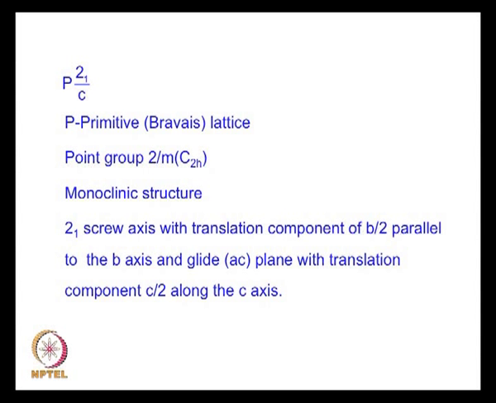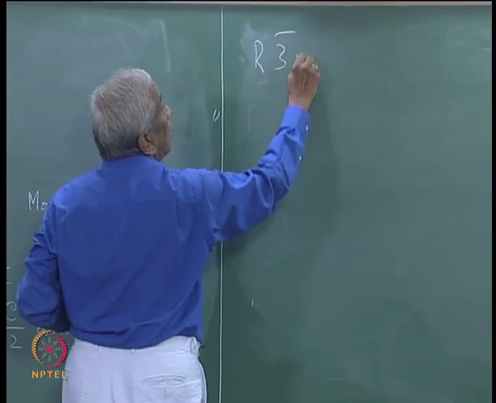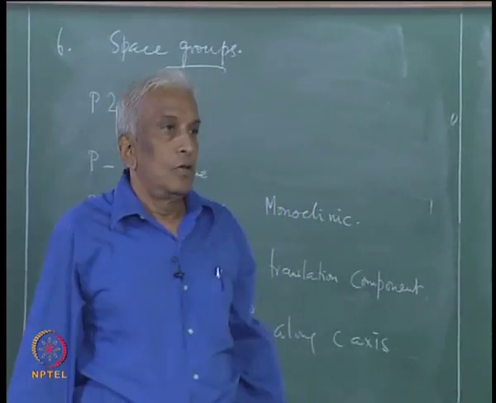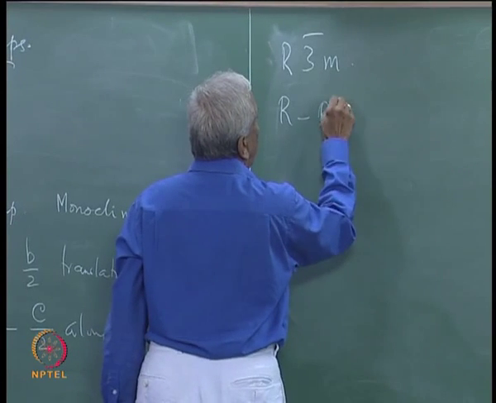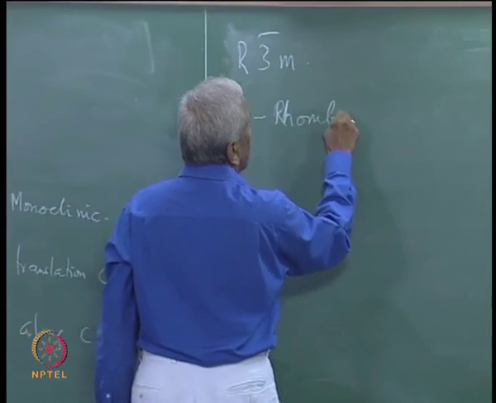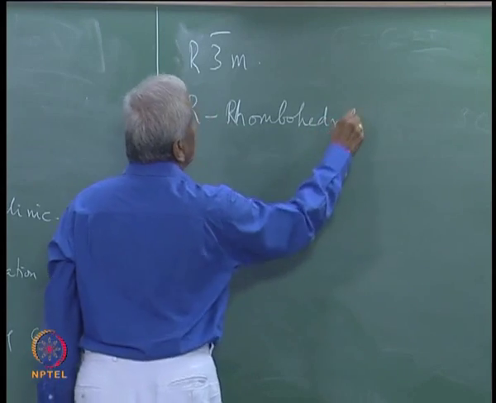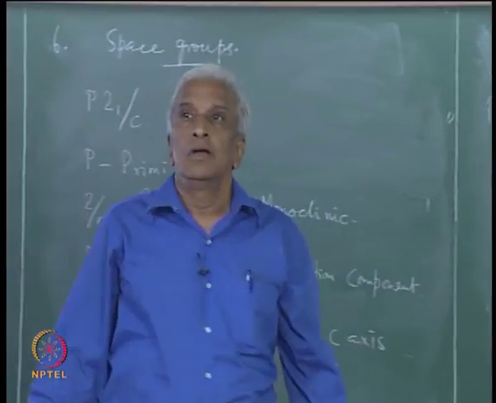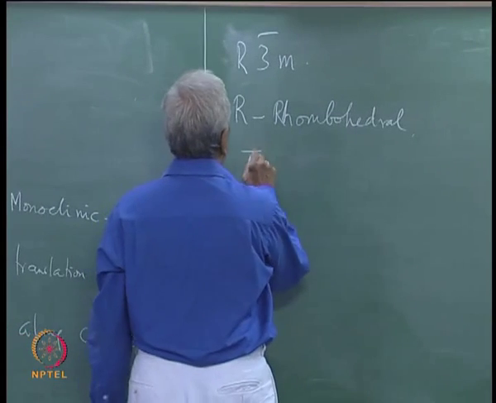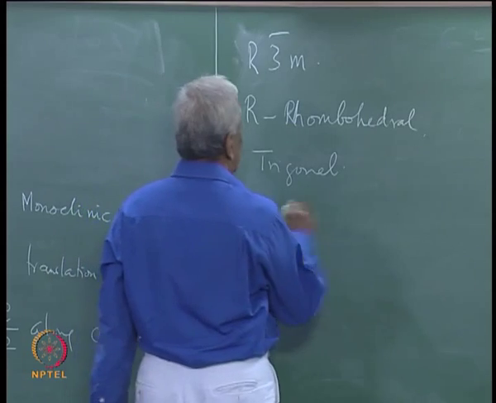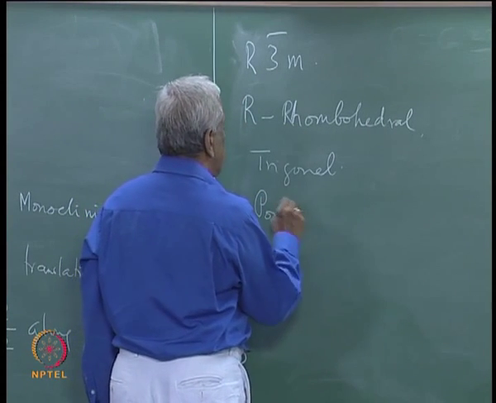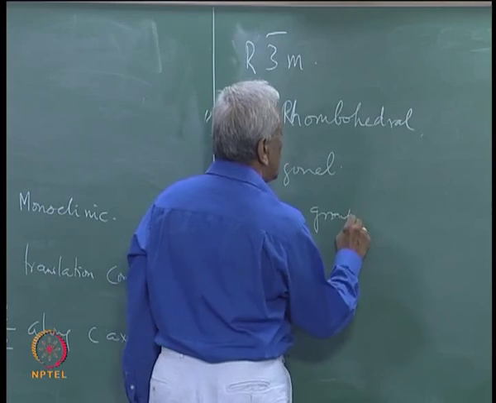The next space group to be considered is R3̄m. So, the symbol R stands for a rhombohedral crystal lattice, which belongs to the trigonal crystal system with a point group symmetry of 3̄m.